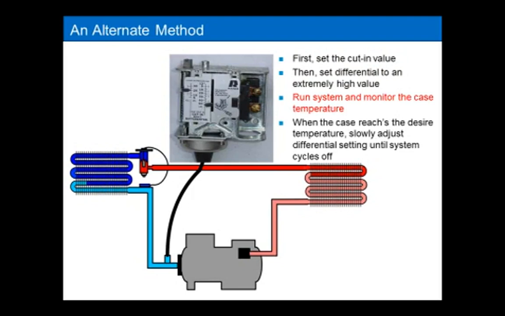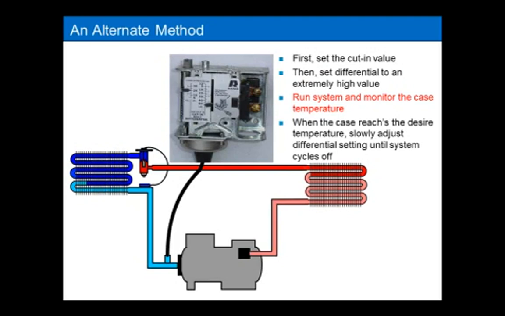And as the case temperature is dropping, you keep watching your pressure, and you'll see your pressure drops as the case temperature drops. When your case gets to your desired cutout point, go to the pressure control, and then slowly, very slowly, back off on the differential and very slowly adjust it until the unit just clicks off.